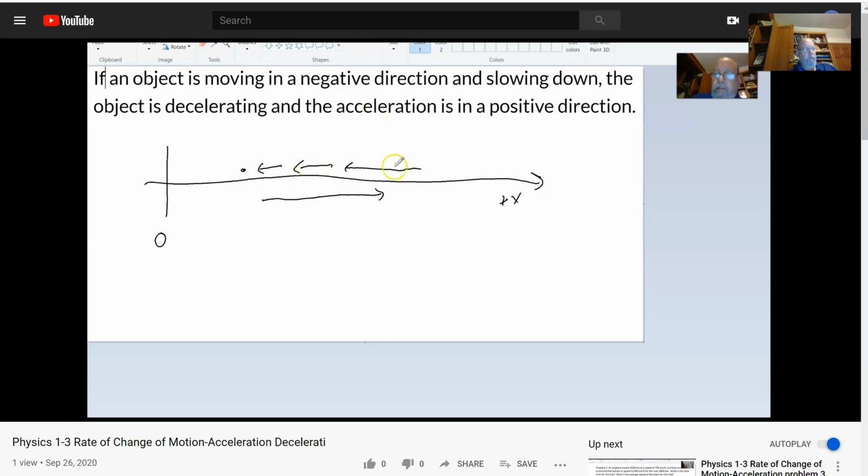Again, the motion is velocity in the negative direction, and it's a decreasing velocity, so it's decelerating, but at the same time, the acceleration is in the positive direction. If you think about it, if the acceleration was in the negative direction, it would cause the object to speed up in the negative direction.